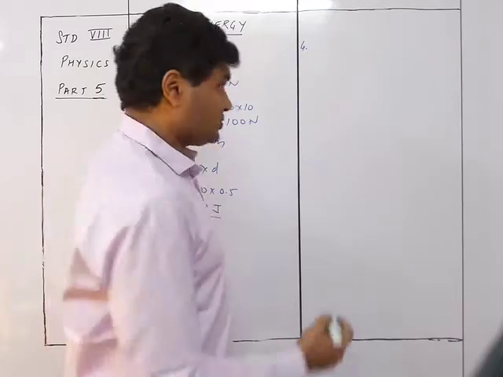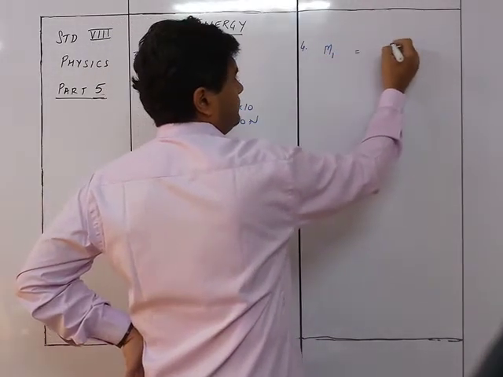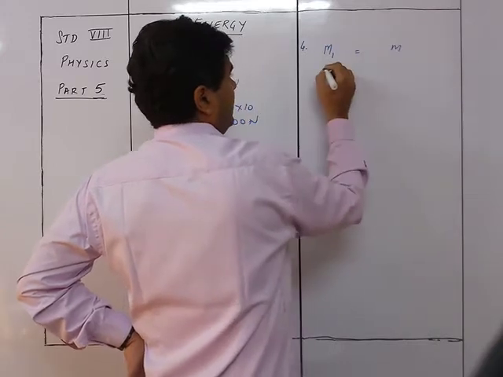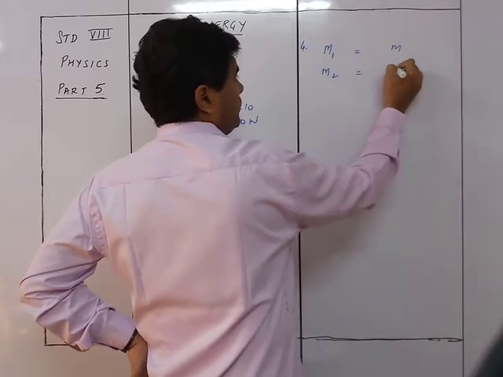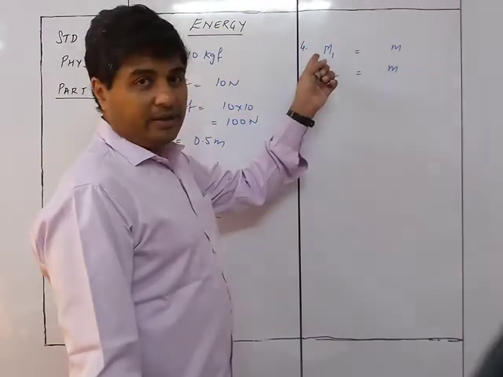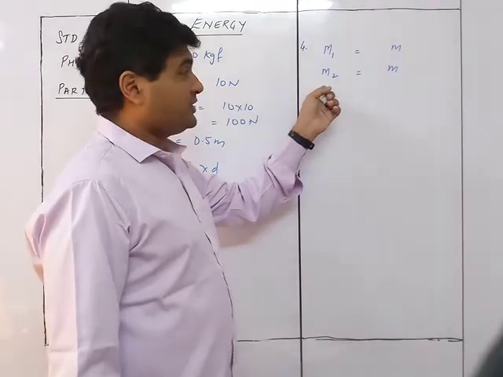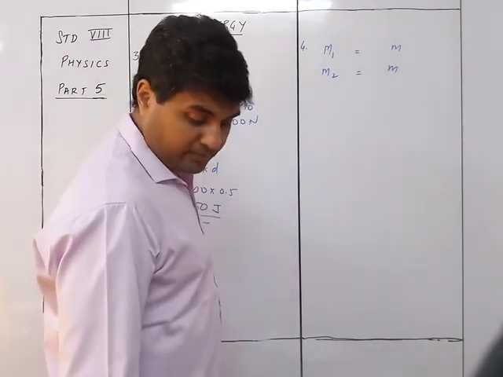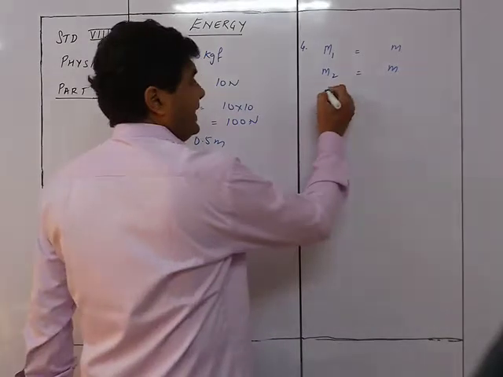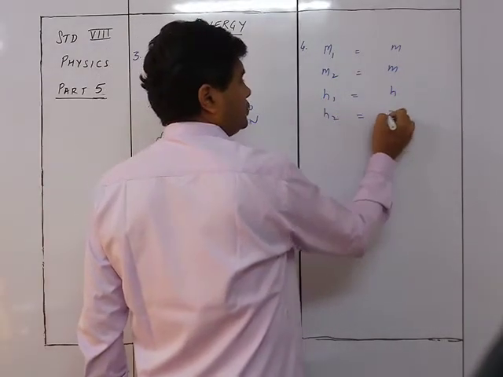So for same masses, we say that m1 is equal to m, m2 is also equal to m. That is, m1 is the mass of the first body and m2 is the mass of the second body. Both are m because they are same. The h1 is equal to h, whereas h2 is equal to 2h.